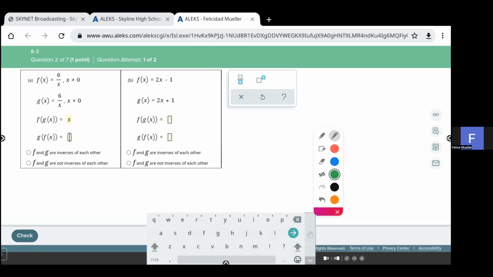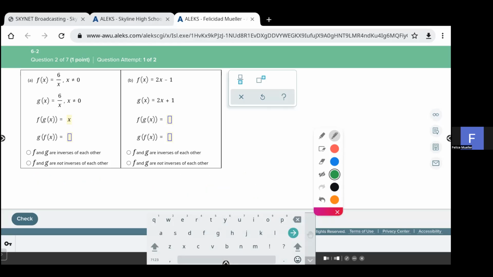And you should also technically get x here because it's the same thing. And in theory, they are inverses because it equals x.